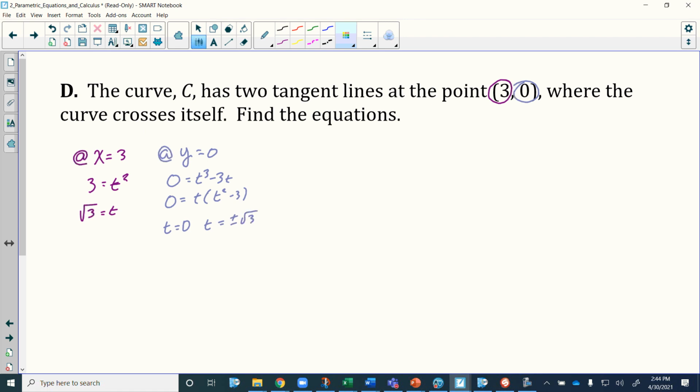Again, probably we'll just stick with the positive solutions, but in this case, because we know we have to have two solutions for the factor in parentheses, I'm going to go ahead and write the positive and negative. Okay.